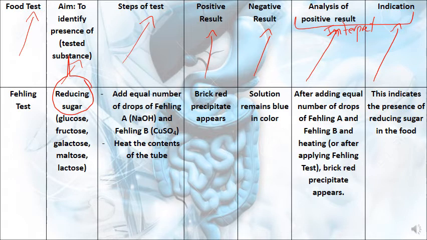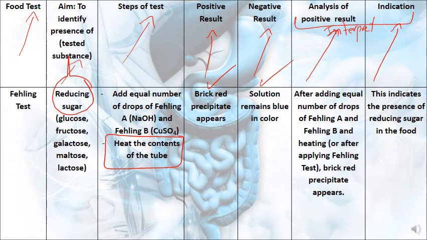What do we have to do? We have to add equal drops of Fehling A and Fehling B. And then we have to heat the contents of the tube gently over the Bunsen burner, which is the source of heat. Positive, we have brick red precipitate. Negative, the solution will remain blue in color.